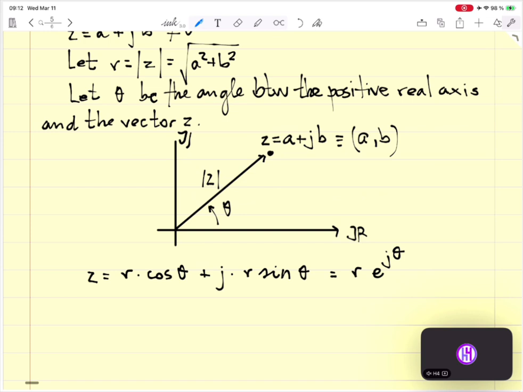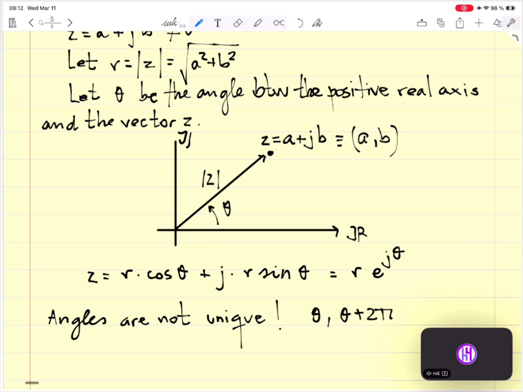So, angles theta are not unique. Very important for an engineer as well, because if we turn theta by 2 times pi, one way around, 360 degrees, we end up with the same point.